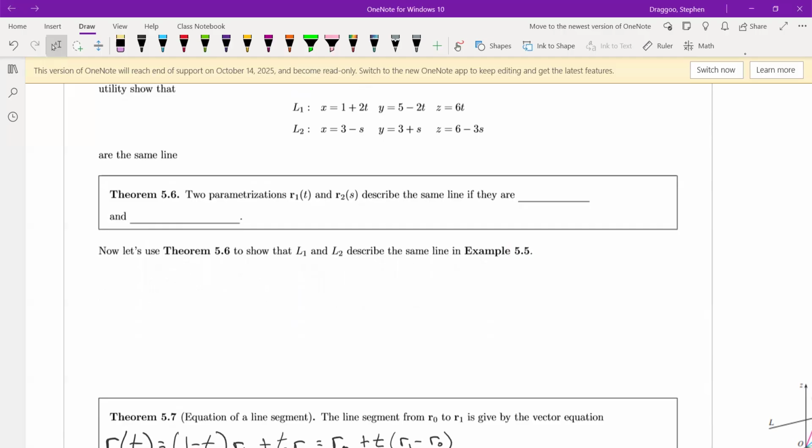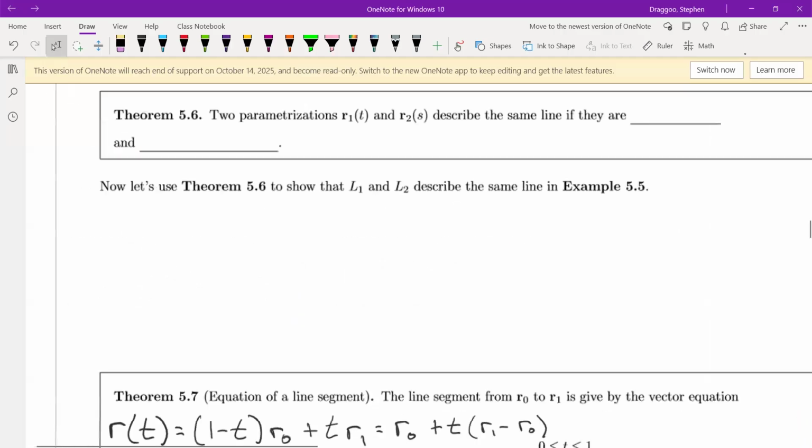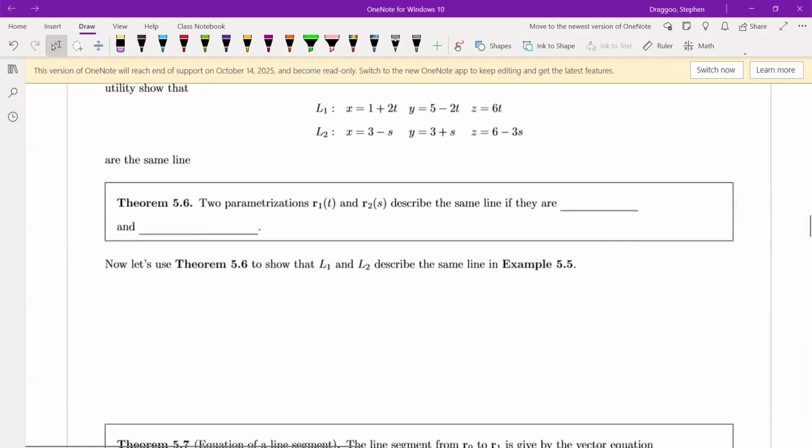How would I do that? Come back to filling in the theorem later. First, I would probably just go look at their vectors. So if I have lines L1 and L2, I'll just define two vectors V1 and V2 to talk about the vectors that are in those lines. For vector V1, it is going to be 2, -2, 6.